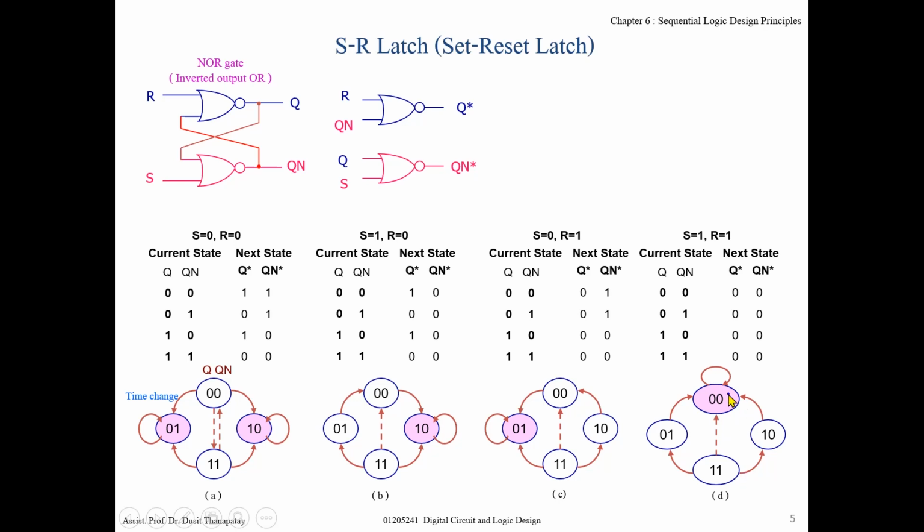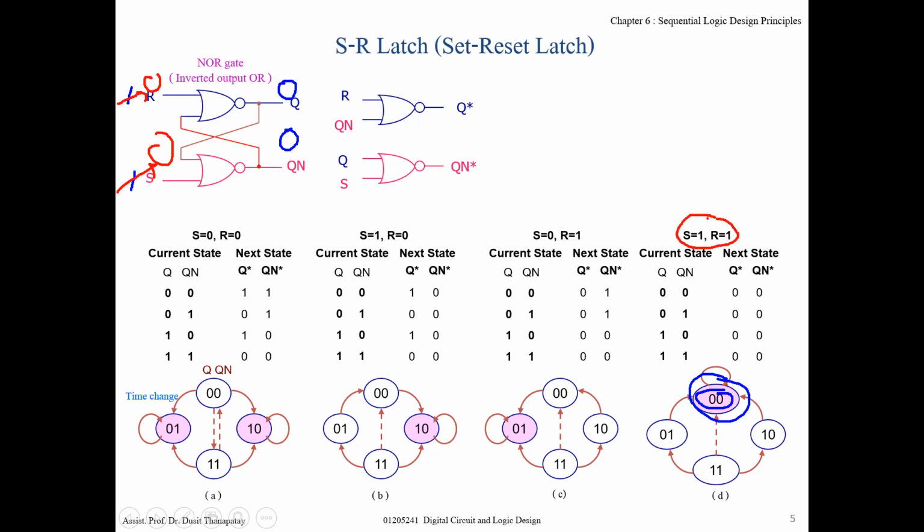But in practical, we rarely use this one, because if you apply S R is 1 1, we force the output to become 0 0, right? And after that, if we change the value of SR to 0 0 at the same time, what happened?